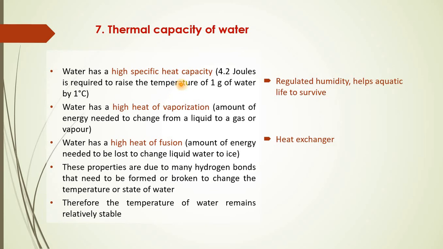And this heat capacity of water is very high. It comes to nearly 4.2 joules, and this is important for understanding how the temperature or the climate is regulated on our planet, which enables us to live very safely, right?